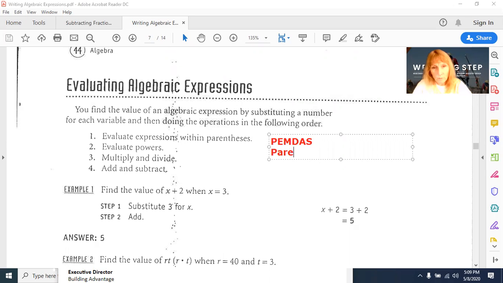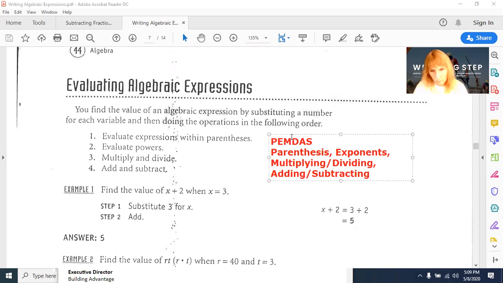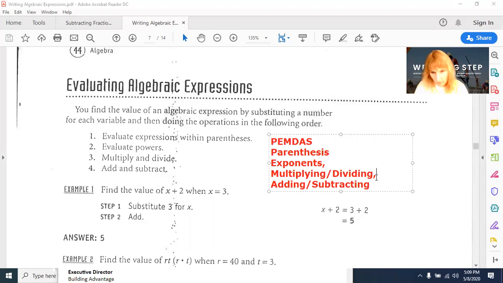So first you do parentheses, then you do exponents, then you do multiplying or dividing on the same level, and then finally you do adding or subtracting on the same level. So I'm going to put these in a line instead of next to each other like this, so that you can see the order. So that's basically what that's telling you up there.